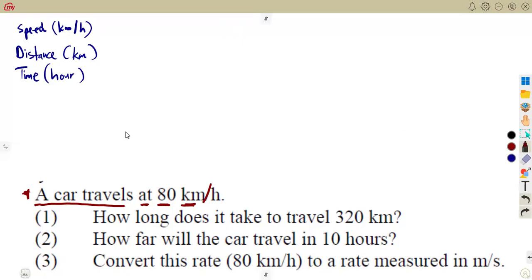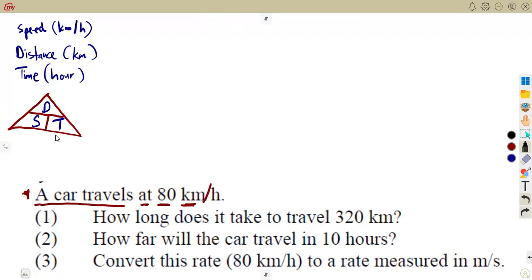If you do not understand this, you can use the shortcut, the DST triangle. It is like this, DST. If you want to calculate the distance, you cover it like this, so distance is the product, speed times time.